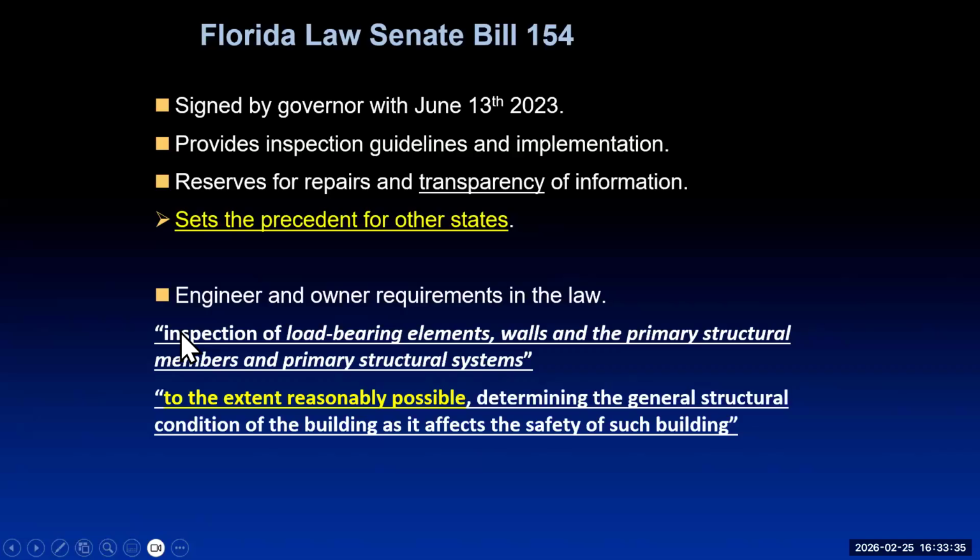The engineer and owner requirements in the law. First, inspection of load-bearing elements, walls, and the primary structural members and primary structural system. Secondly, to the extent reasonably possible, determining the general structural condition of the building as it affects the safety of such a building.